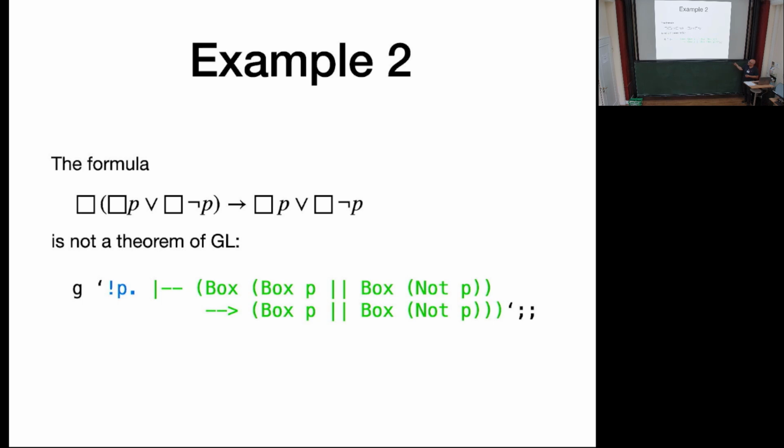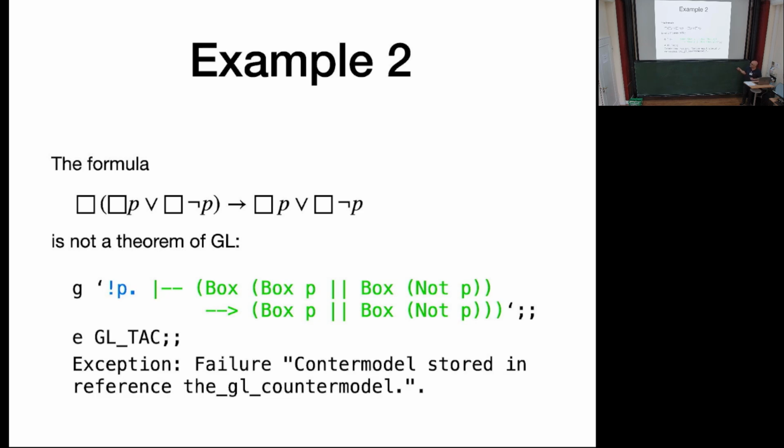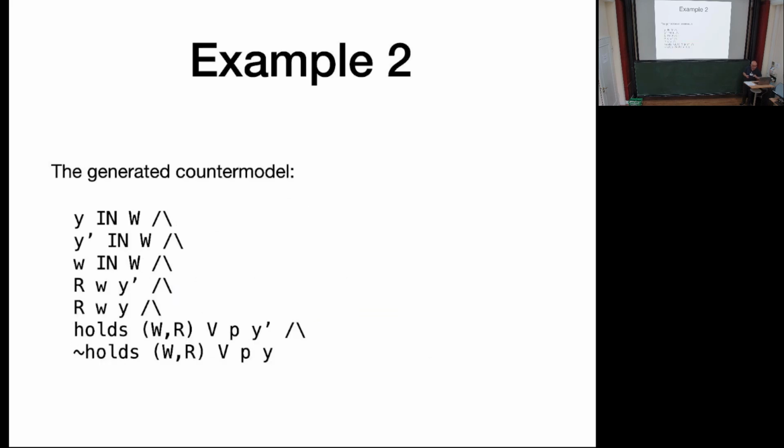You state it, you use your tactic, you obtain an error which says that you cannot obtain the proof, but you have a counter model. You can get the generated counter model, which has this form in the output of HOL Light, and which represents this diagram of a counter model where you have 3 worlds which are related in this way.